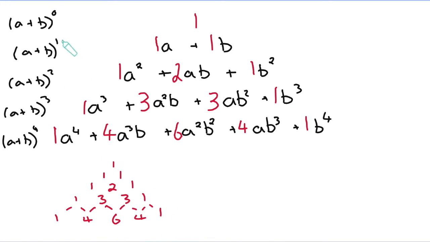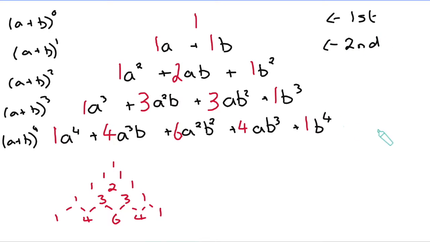So what we can see is if we're looking at a general, hang on, I'm just trying to change the colour of my pen back. We're looking at a general expansion of (a+b) to the power of something. We could use Pascal's triangle to write down what the coefficients are. The annoying thing is that really you say this is the first row of the triangle and this is the second row.